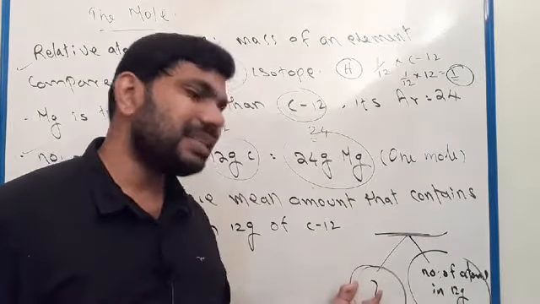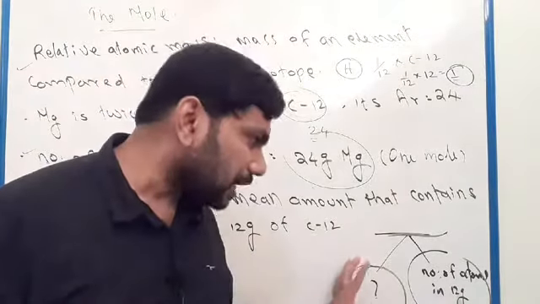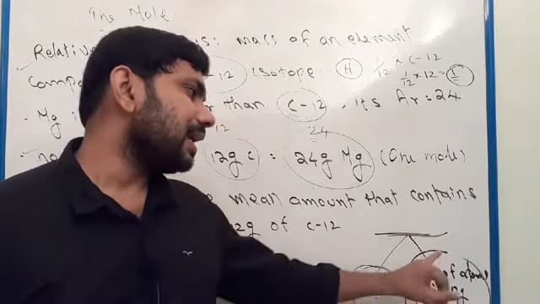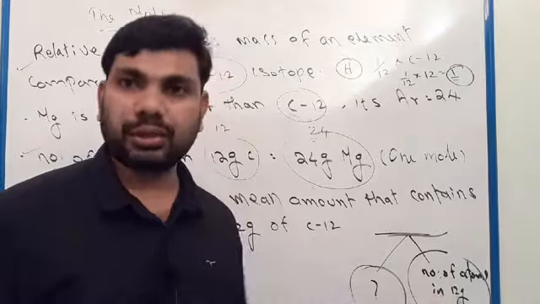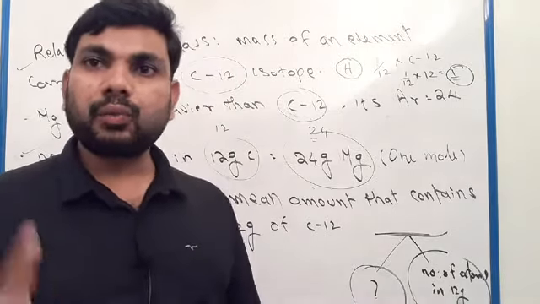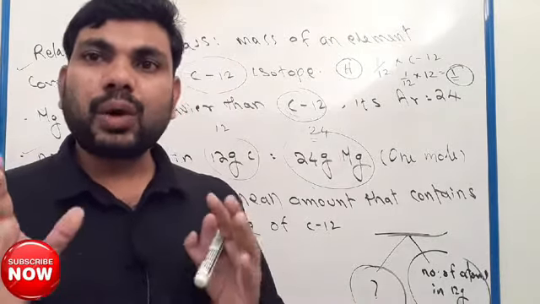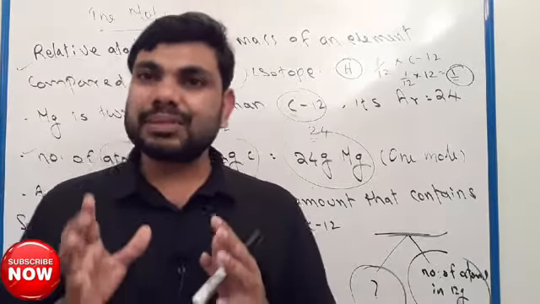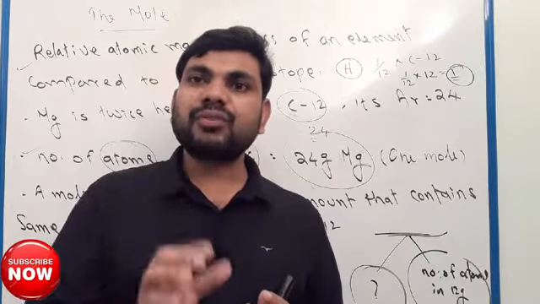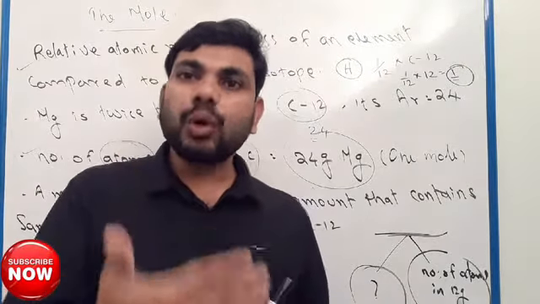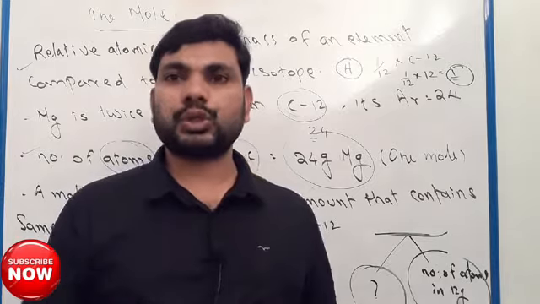One mole of a substance means it contains a number of atoms the same as the number of atoms in 12 gram carbon 12 isotope.